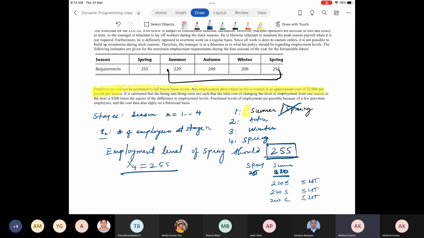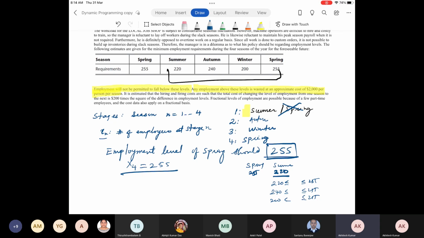Like earlier cases also, we already know what my destination is. So this is why we should keep stage 4 as spring, and we can also fix x4, the decision variable for stage 4, equals 255. So the problem turns out to be finding x1, x2, and x3.